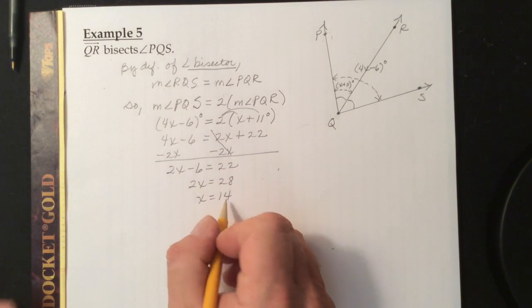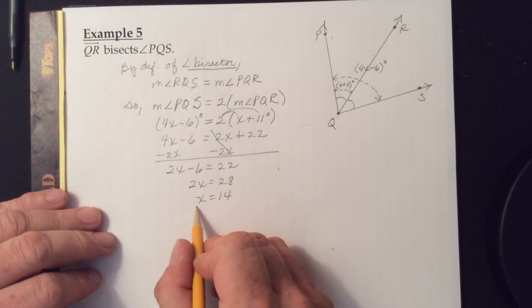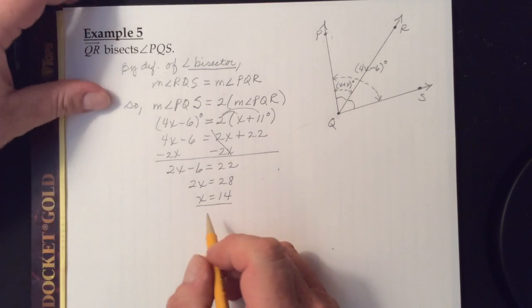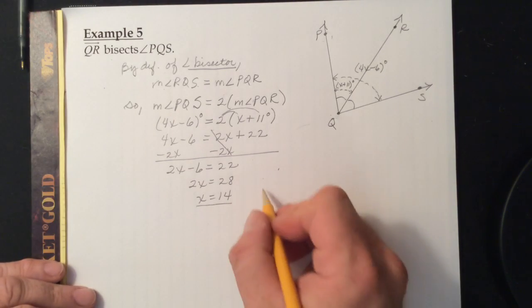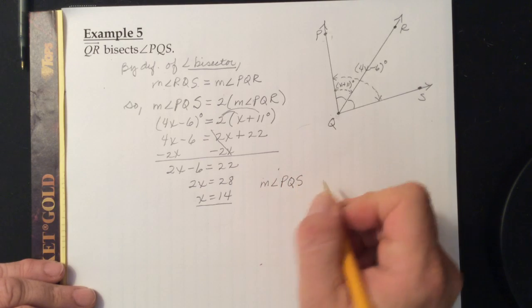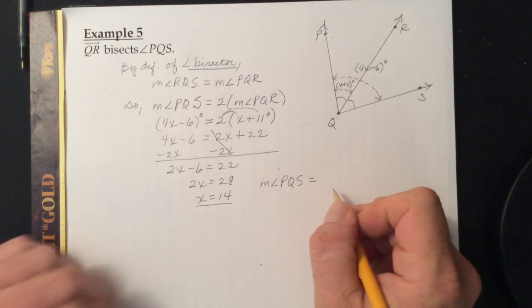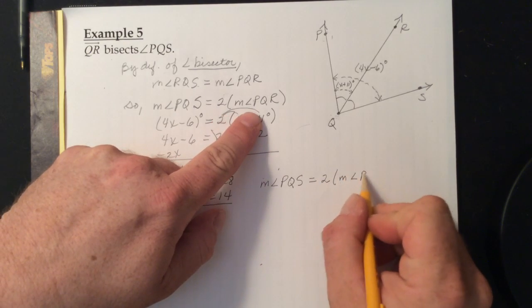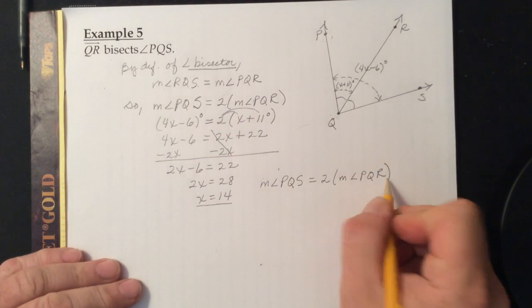Now, it didn't ask us for the value of x, even though we needed to find it. But now they asked us to find the measure of angle PQS. So remember, that was twice the measure of angle PQR.